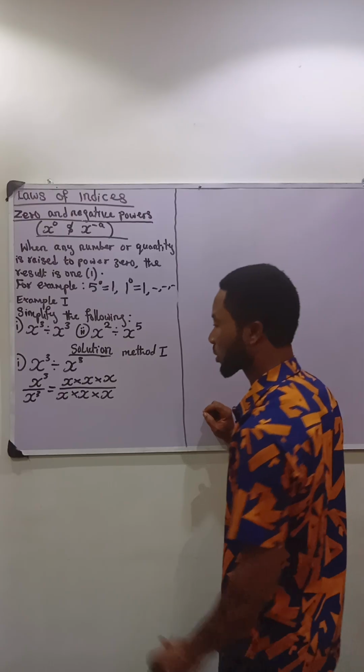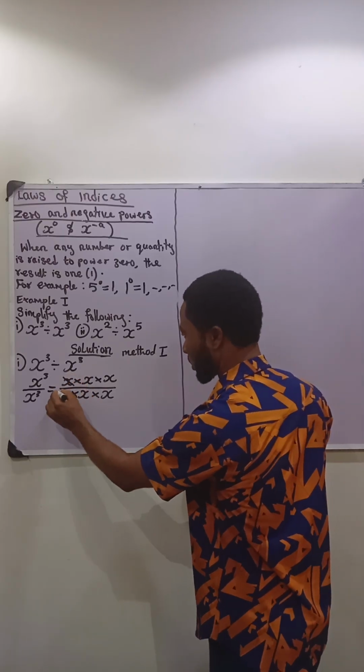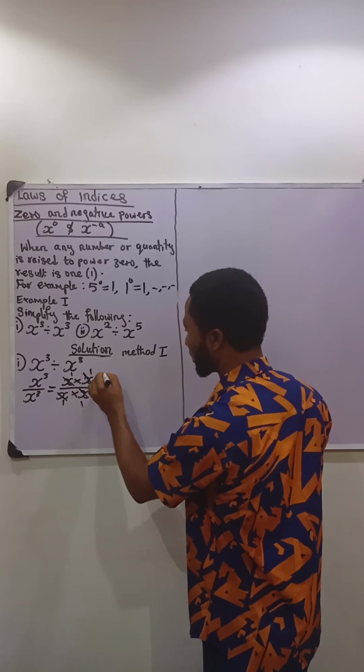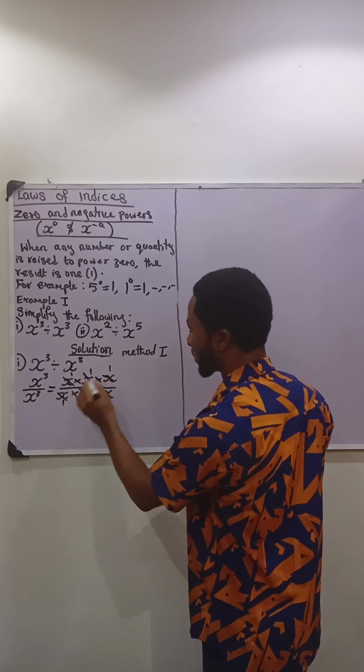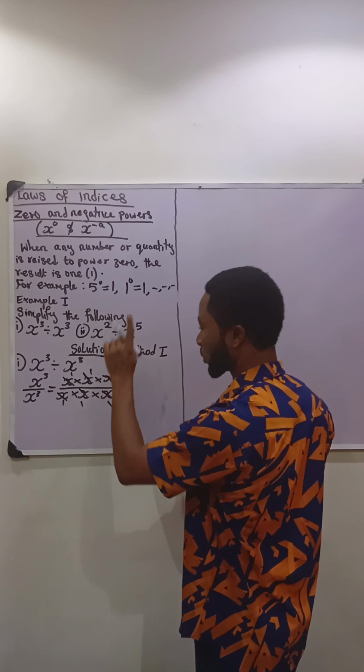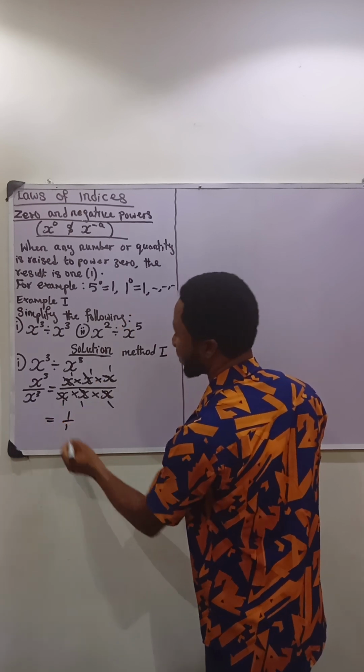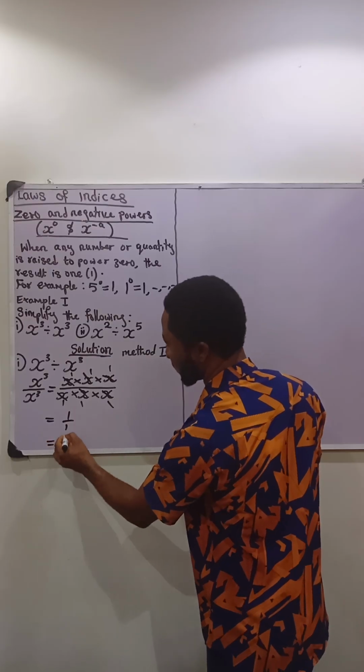So what cancels out? S cancels s, we have 1. S cancels s, we have 1. S cancels s, we have 1. 1 times 1 times 1 will give us 1. So we have 1 divided by 1, which will give us what? Our answer is 1.